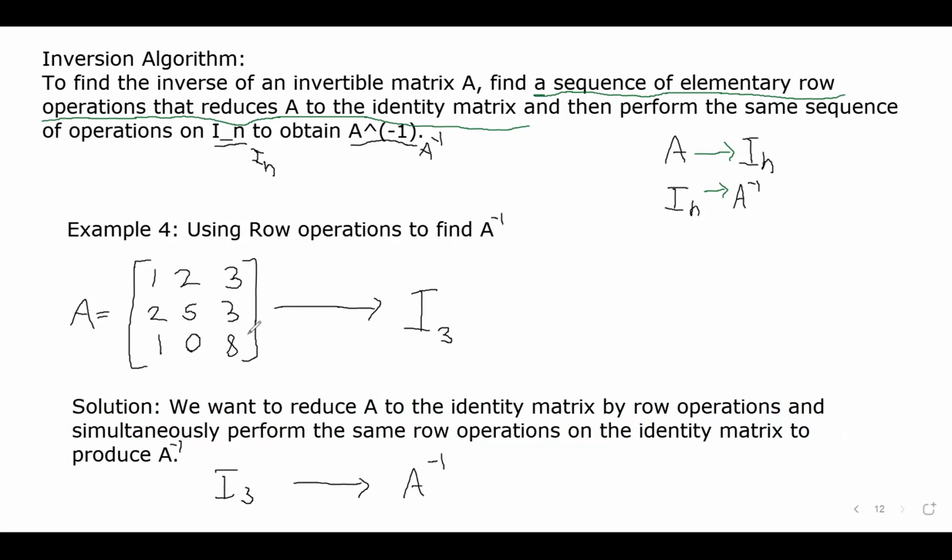We reduce this matrix to the identity by elementary row operations, but as we do that, we also perform the same elementary row operations in the same order on I sub 3. The signal to stop this process is when A reaches I sub 3, which means I sub 3 reaches this unknown matrix A inverse. And then we will have found A inverse.